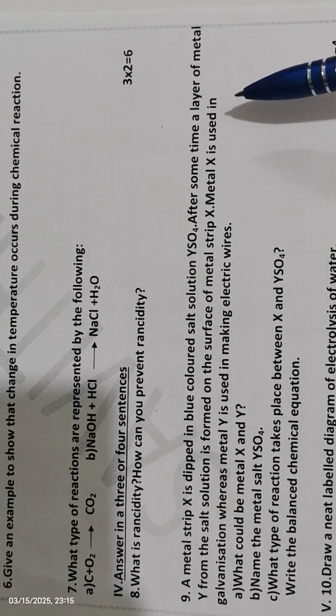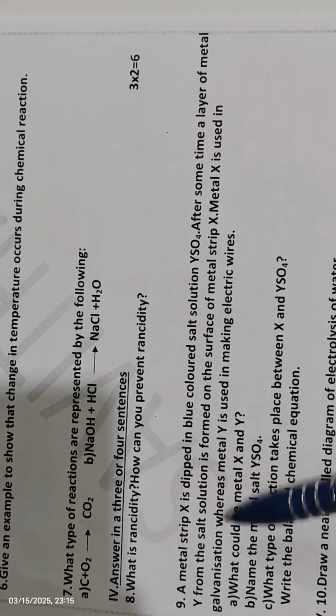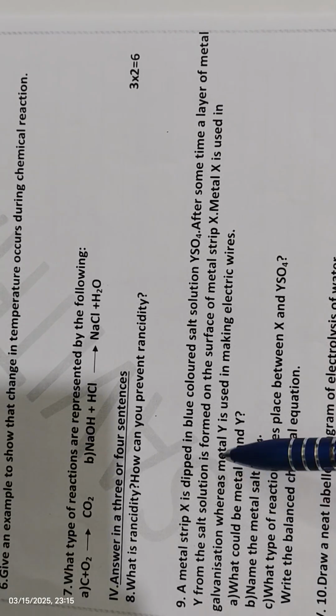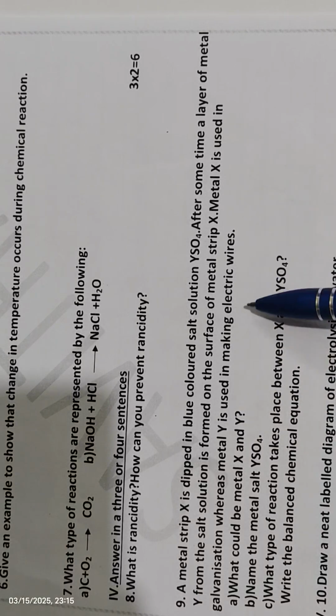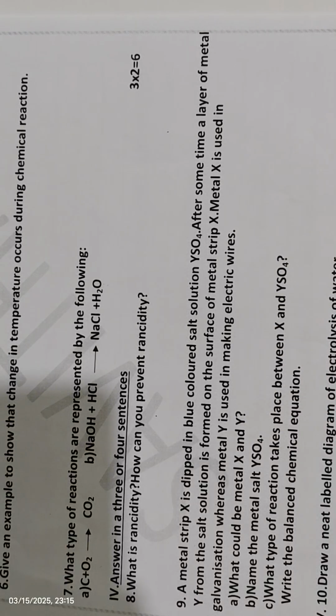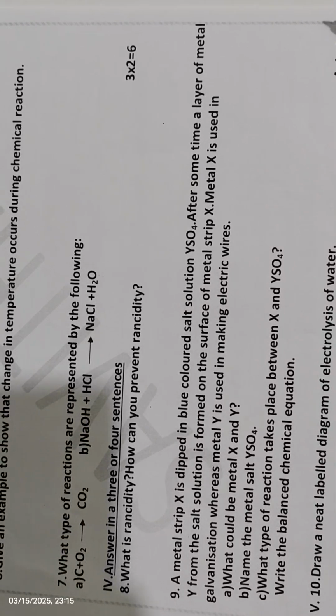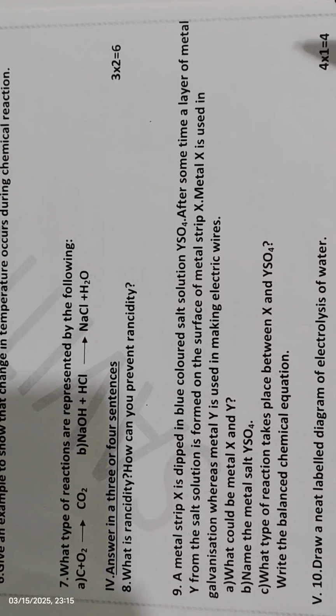Then metal X is used in galvanization, whereas metal Y is used in making electric wires. So this is a statement. On the basis of this statement, you have to answer the given questions.